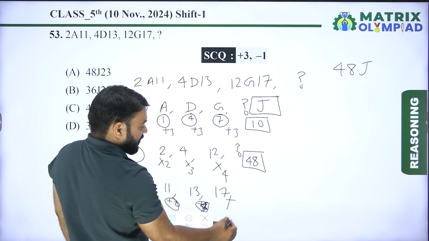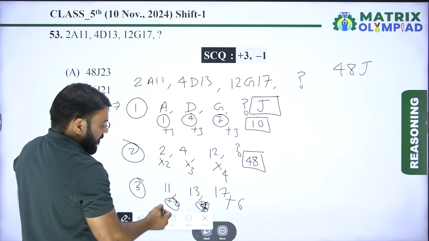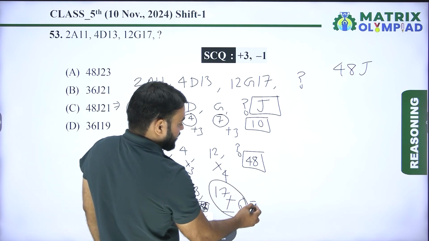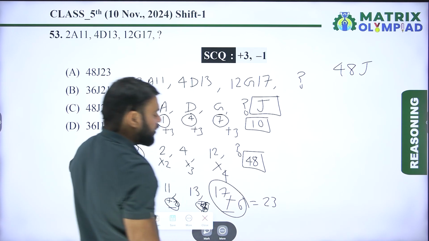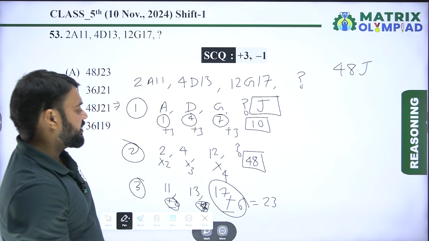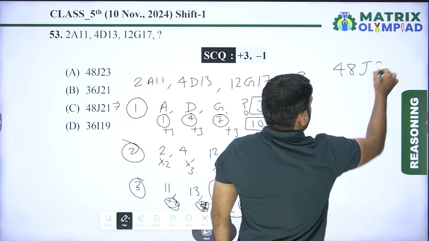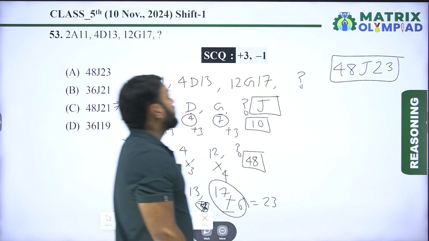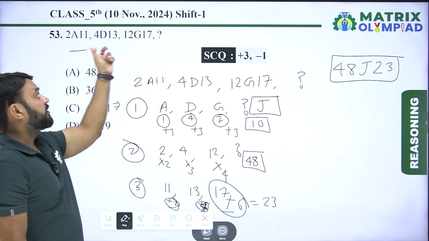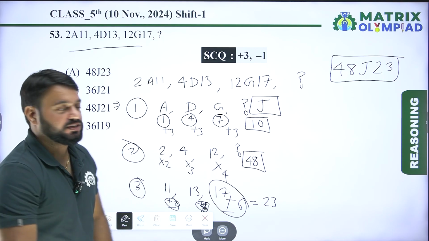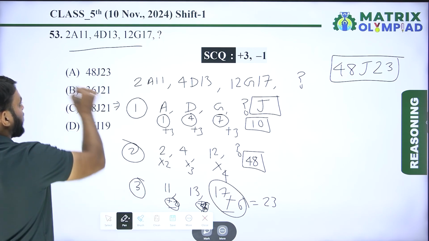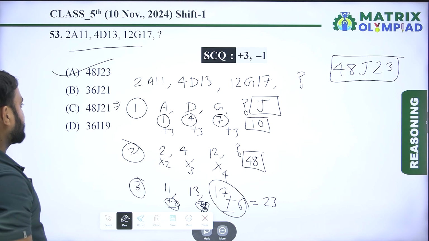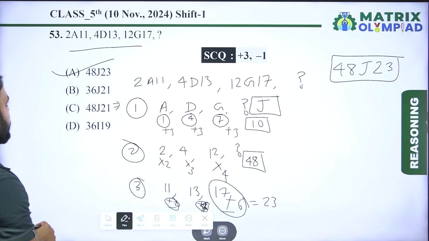Now 17 plus 6, because plus 2, plus 4, now plus 6. 17 plus 6, it means 23. So second missing number is 23. So 48J23 is the missing term of given alphanumeric series. So here option A is the correct answer of this question. Let's move on to the next question.